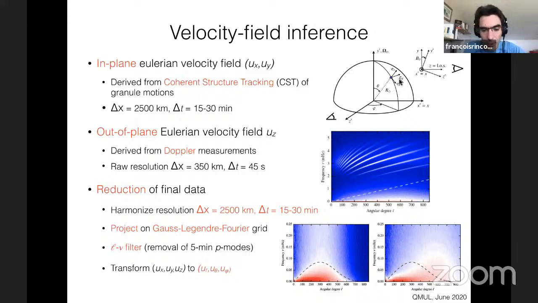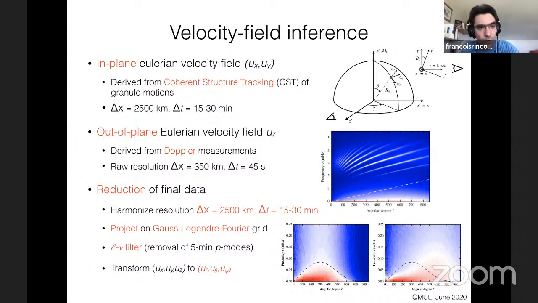So with this technique, what you can get are the three components of the Eulerian velocity field at the surface. You don't have access to information below the surface, but at least you get three components over the whole surface with a typical resolution of a few thousand kilometers and a time of the order of 15 to 30 minutes.